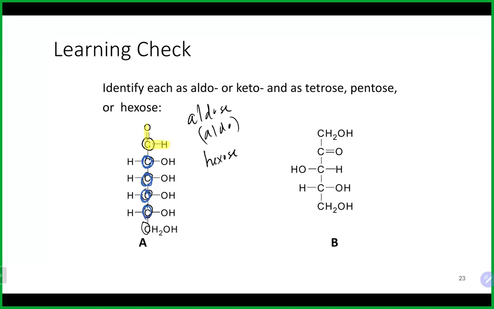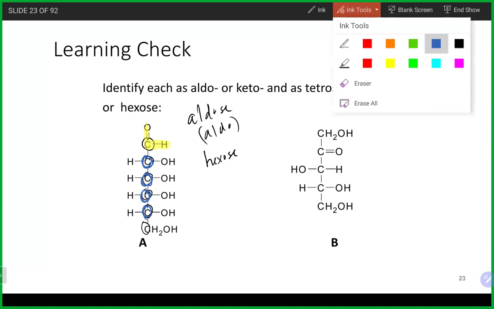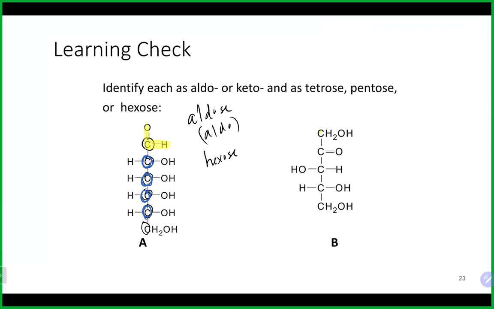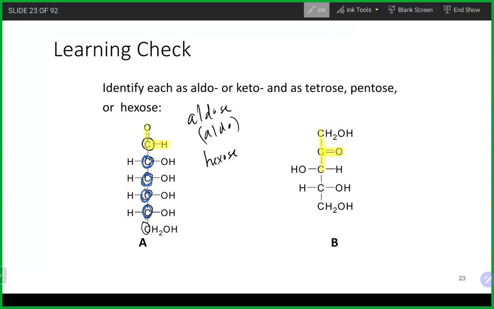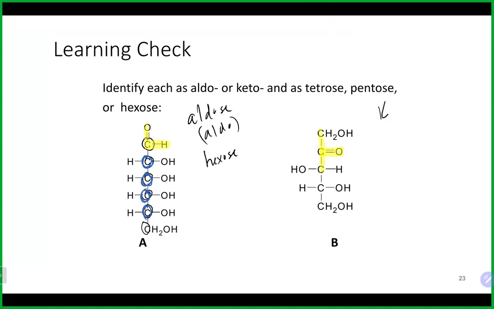All right, looking at the next one, hopefully you can see a little 3 carbons in a row with our carbonyl happening there. That's going to be our ketone group, just like we saw in organic chemistry. So that's definitely going to tell us this is a ketose, or keto. In this case, 1, 2, 3, 4, and 5, which means this is going to be a pentose.